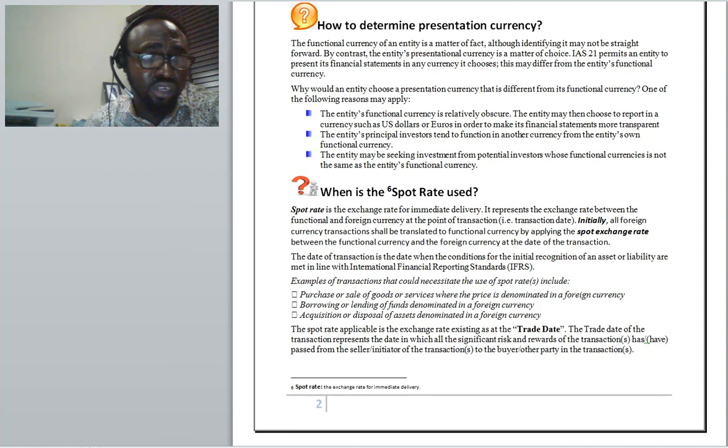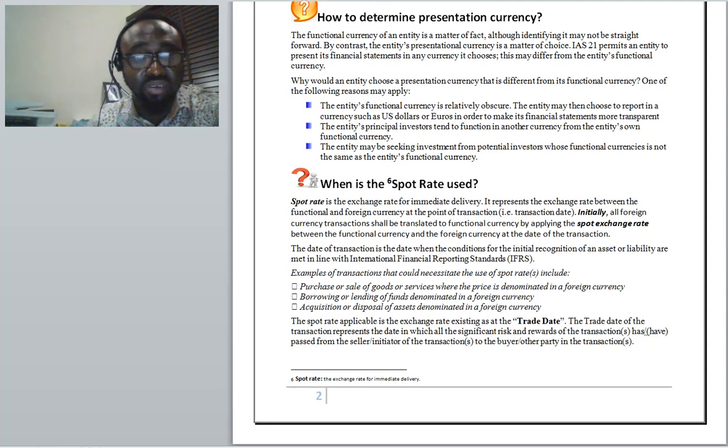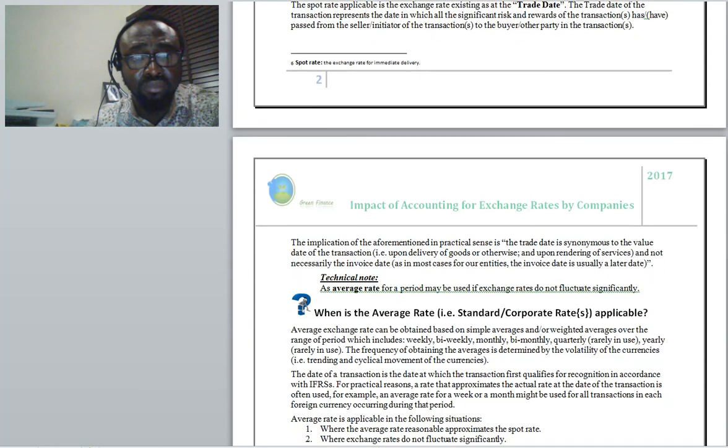The spot rate applicable is not a function of the date on the invoice, but rather of the date on which the services are considered to have been enjoyed or the goods received. So when the promised goods and services are rendered by the other party to you determines your invoice date for financial reporting purposes. This is a key factor, because volatility within days might be so high that it could distort the true financial position and performance of an entity at any point in time.